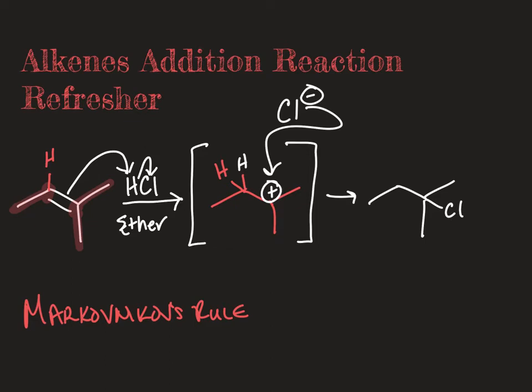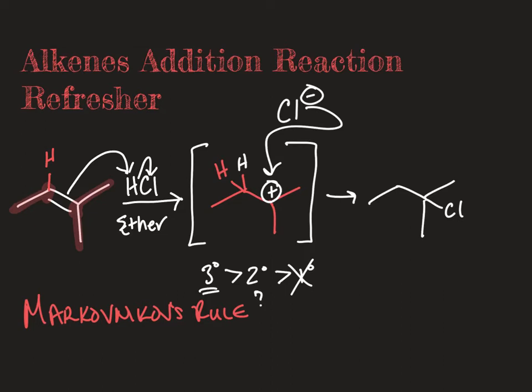In the end, the reason we have Markovnikov's rule is that for carbocations, tertiary are more stable than secondary, more stable than primary, so much that primary is not going to happen. Secondary, maybe. Tertiary is always going to be preferred if possible. And we even get shifts if we need to get to a tertiary carbocation, hydride or methyl shifts.